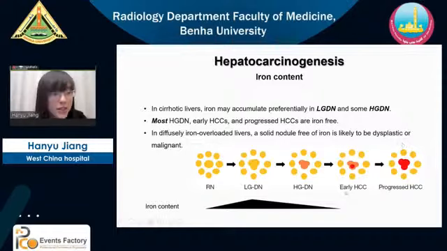Therefore, most HGDN nodules, some early HCCs, and progressed HCCs are iron-free. Therefore, in diffusely iron-overloaded livers, a solid nodule free of iron is likely to be a dysplastic nodule or a malignant nodule.